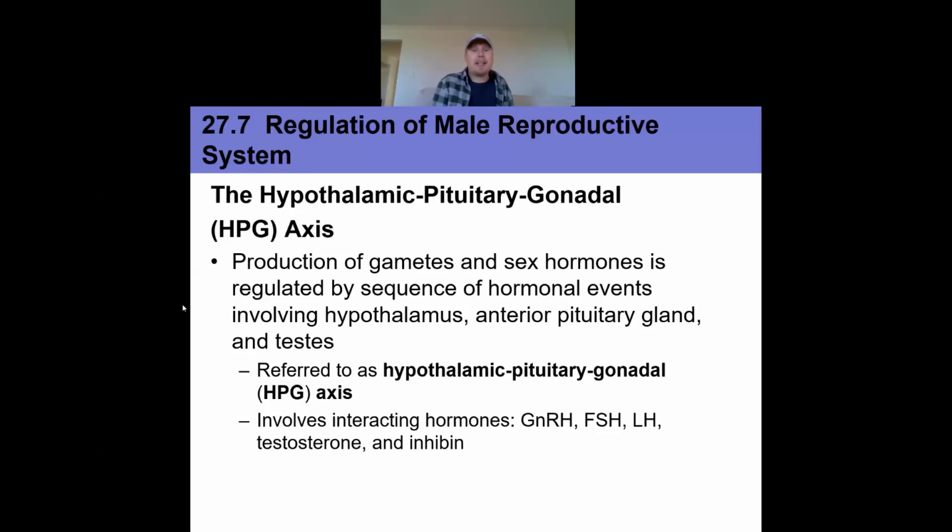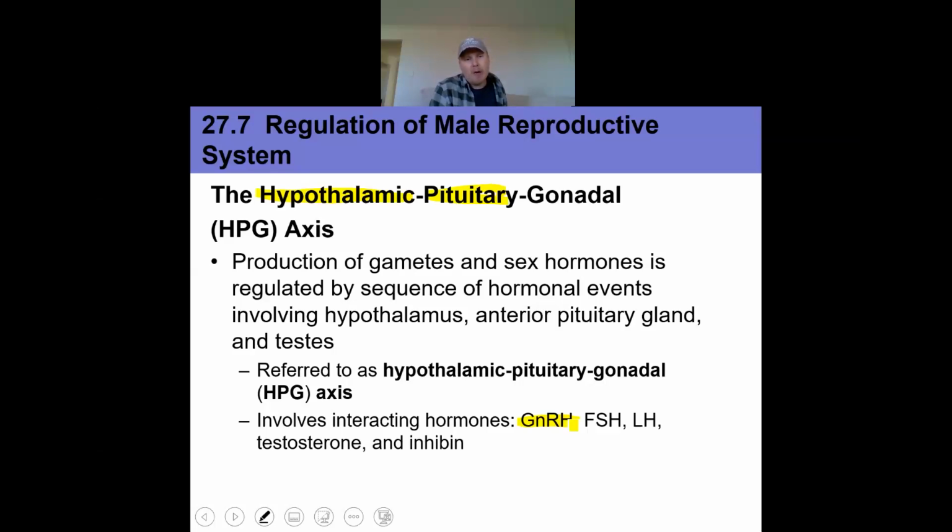And we're going to have this bunch of structures that we've seen before: hypothalamus and pituitary gland. Sometimes the hypothalamus and pituitary gland, because they're so closely together, are grouped as a hypothalamic pituitary axis. So that's something that you might end up seeing at times. What the hypothalamus does is secrete the gonadotropin releasing hormone, abbreviated as GnRH.